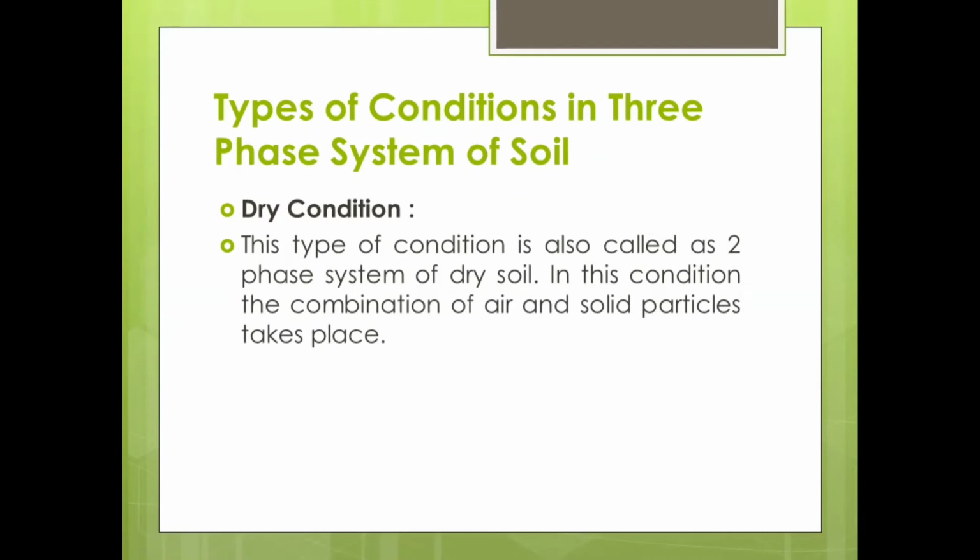When there is a dry condition, it means there is total absence of water. So when there is no water, the three-phase system becomes a two-phase system of dry soil. What happens in this condition? The combination of air and solid particles takes place.